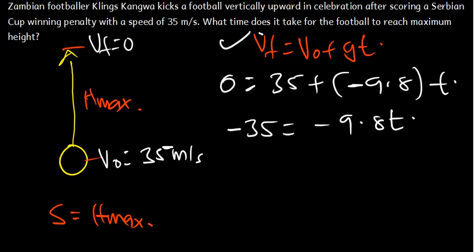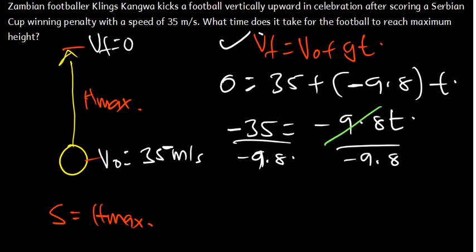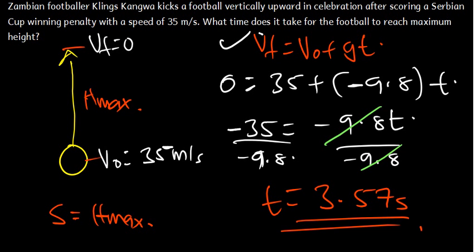We divide both sides by negative 9.8, so the negatives cancel, and t will be equal to 35 divided by 9.8. We find 3.57 seconds. So this is the answer for this question.